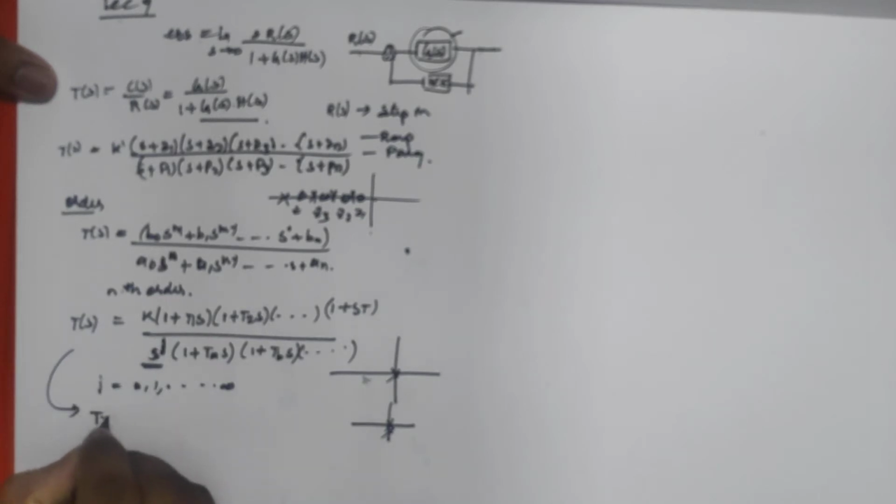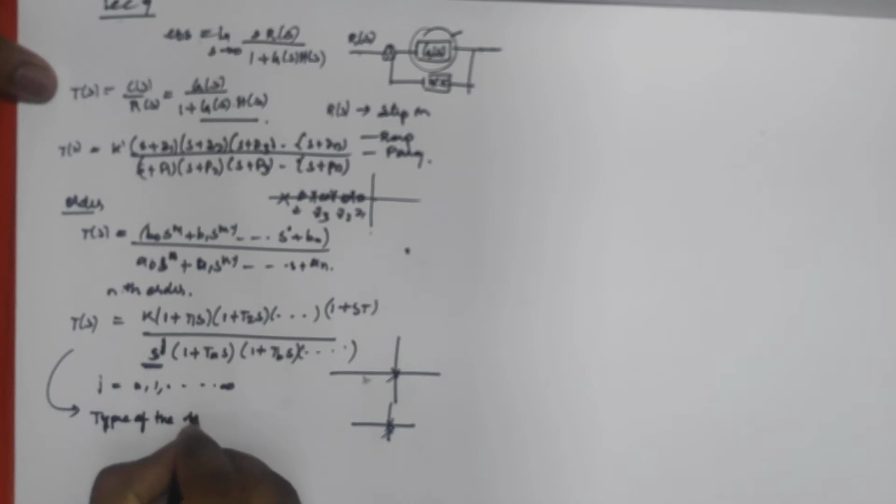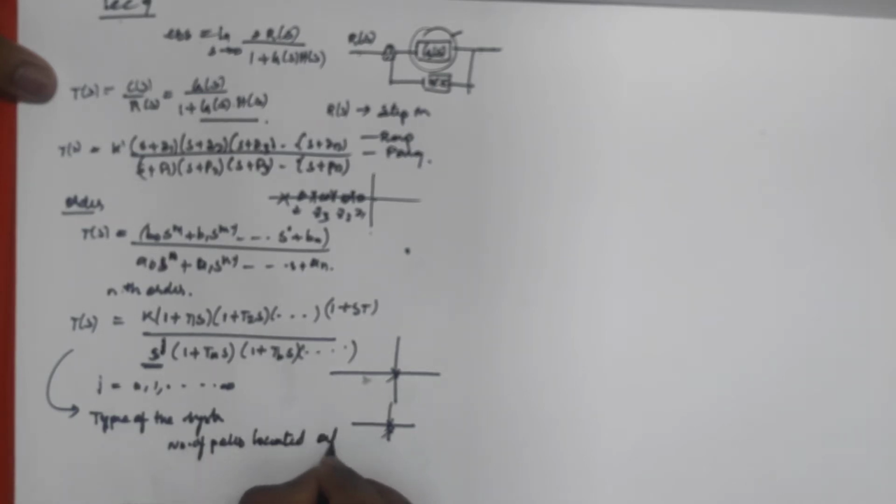Now the type of the system says the number of poles located at the origin.